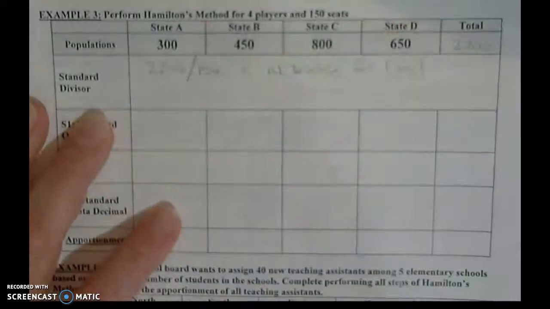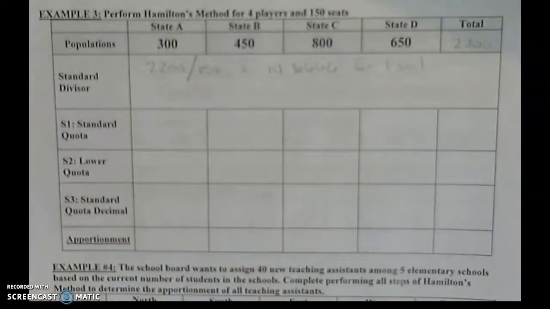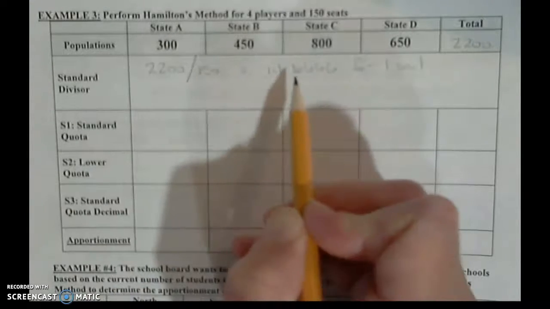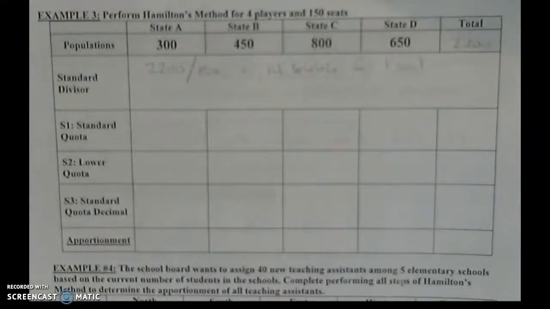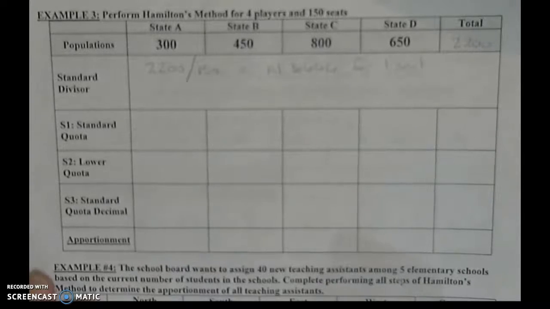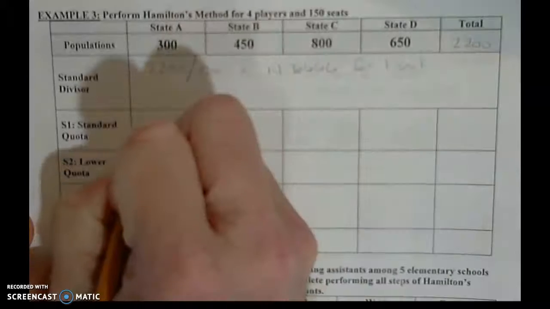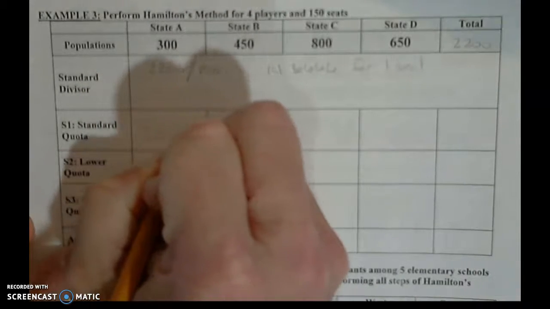Okay. And then we found our standard quota by doing what? We're going to do that 300 divided by 14 and 2/3, and that turned out to be 20.45.